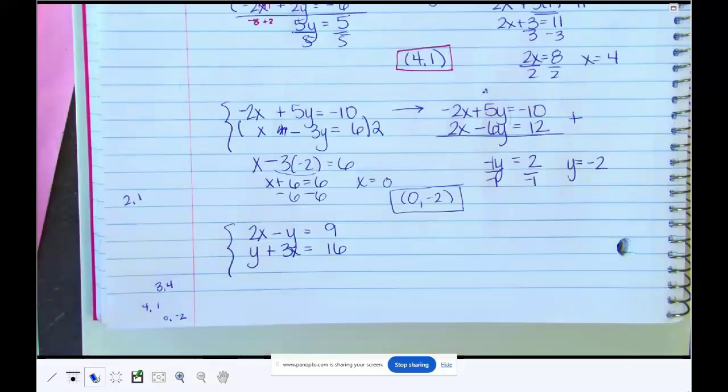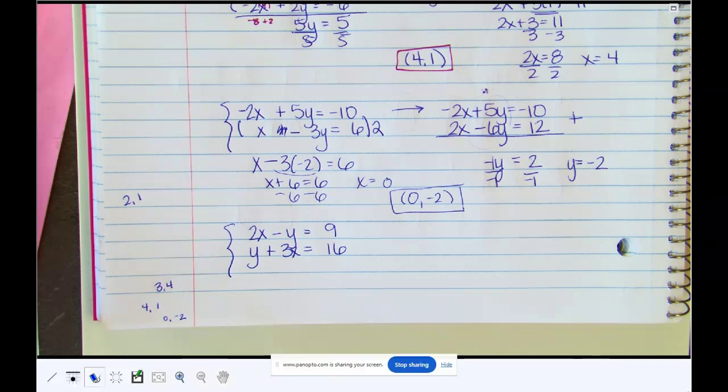Okay, so here's my question. Can I use elimination on that? Yeah. Tell me why you say yeah. Because there's two lines in it. There's a positive line and negative line. Okay. He's not wrong, but they're not stacked up and down, right?